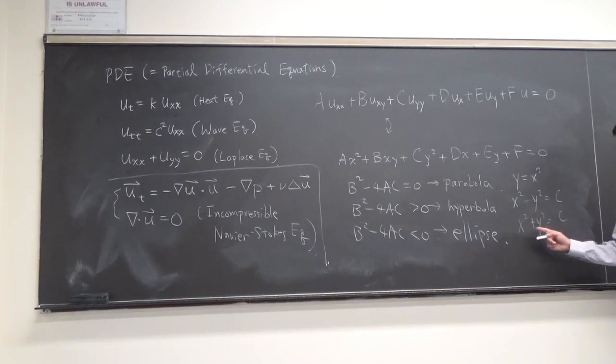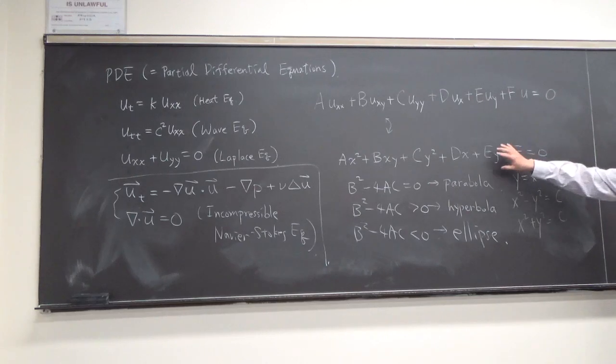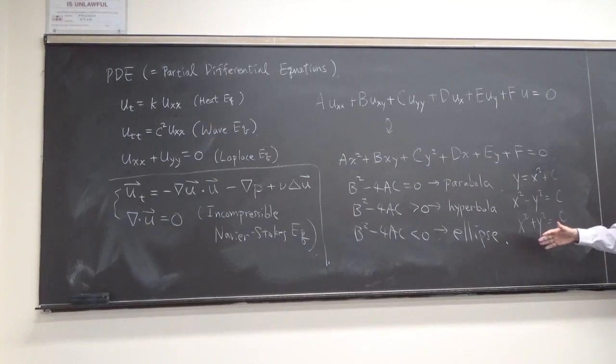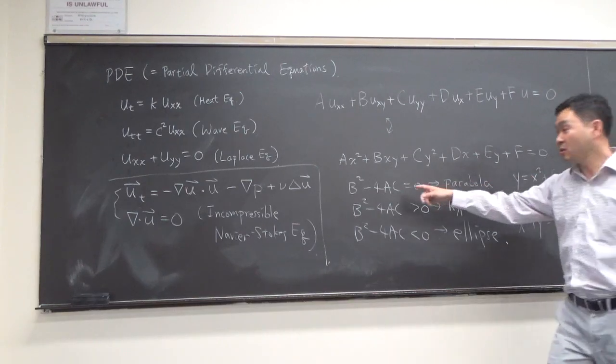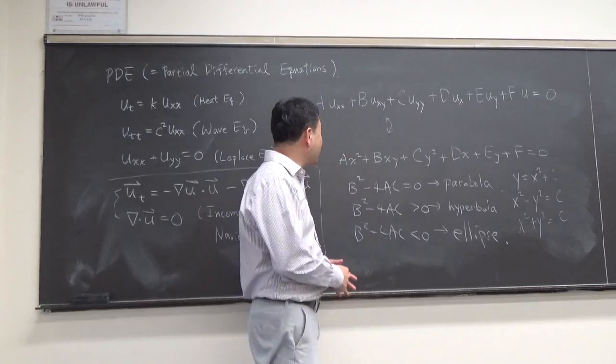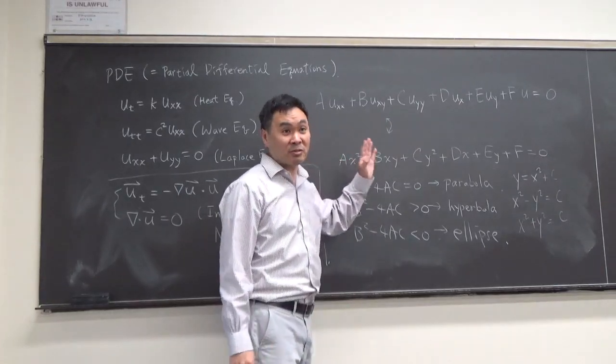In general, an ellipse means that you have some constants here, but that's like the simplified one. So there's a change of variables from here to one of these three things. Well, this could be plus c. One of these three things, depending on the sign of b squared minus 4ac. Okay, provided that at least one of a, b and c is non-zero.